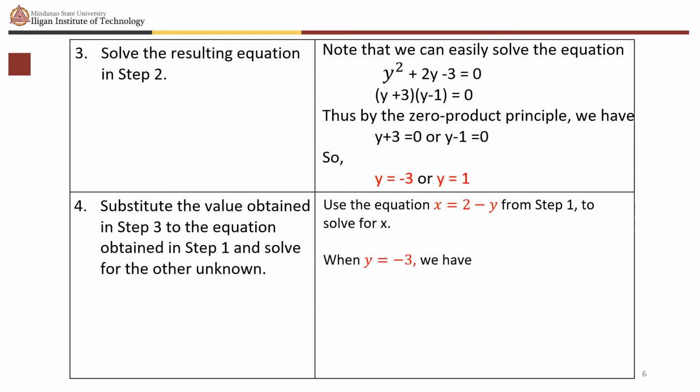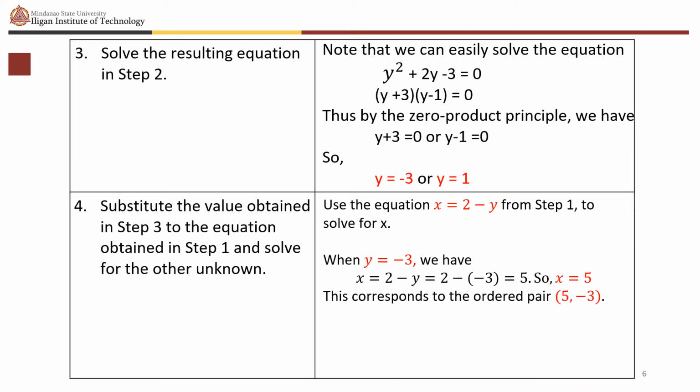Now when y is equal to -3, we have x equals 2 minus y, which is 2 minus of -3. This should give us 2 plus 3, which is equal to 5. Hence, x is equal to 5. Now, this corresponds to the ordered pair 5, -3.